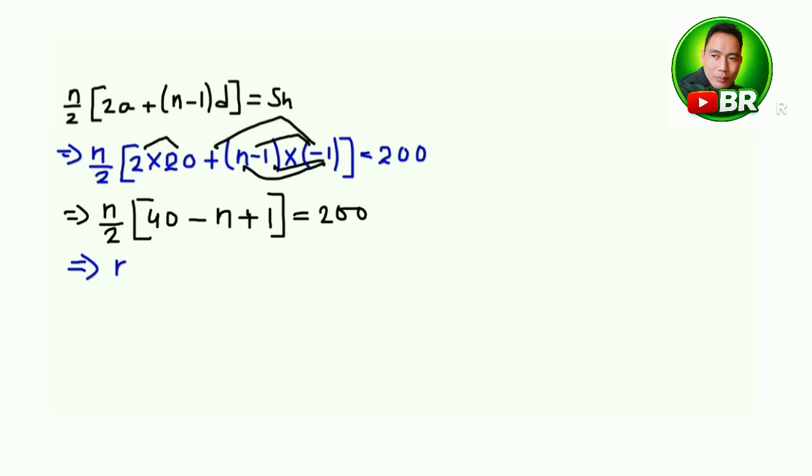Again n by 2 as it is, and here 40 plus 1 will be 41 minus n, equal to 200.